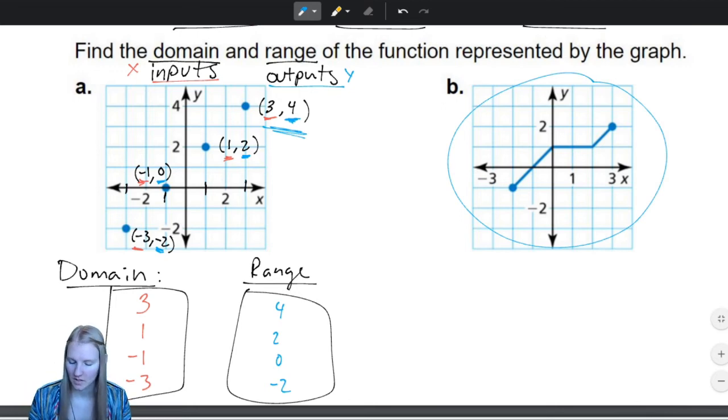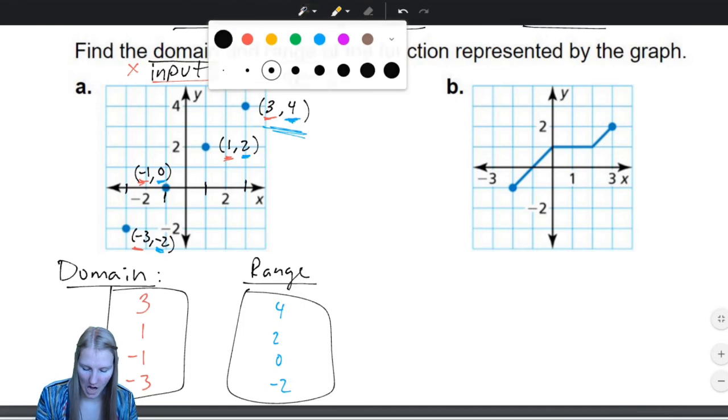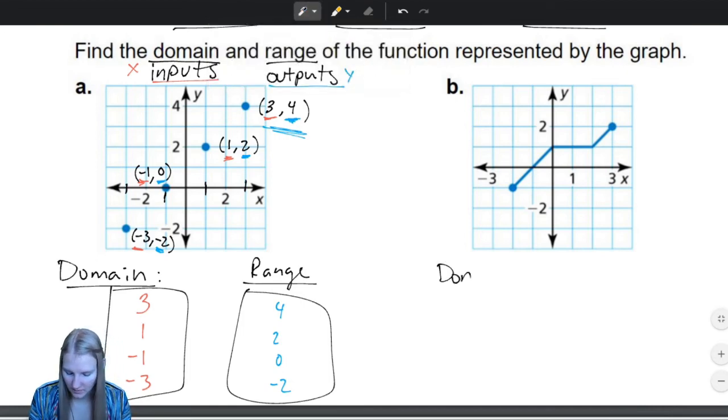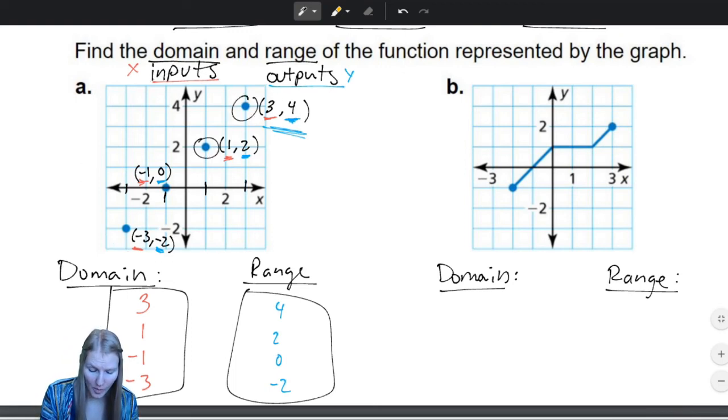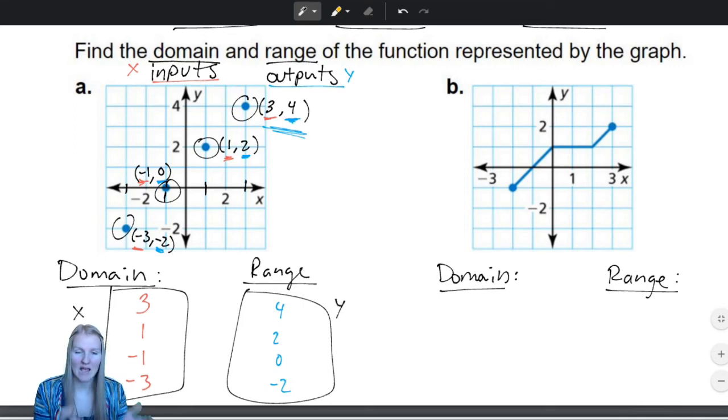So now, I still want the domain and the range, but now, wait a minute. In the first example, I had points. I had 4 points, and I could find the x's and the y's of those points.